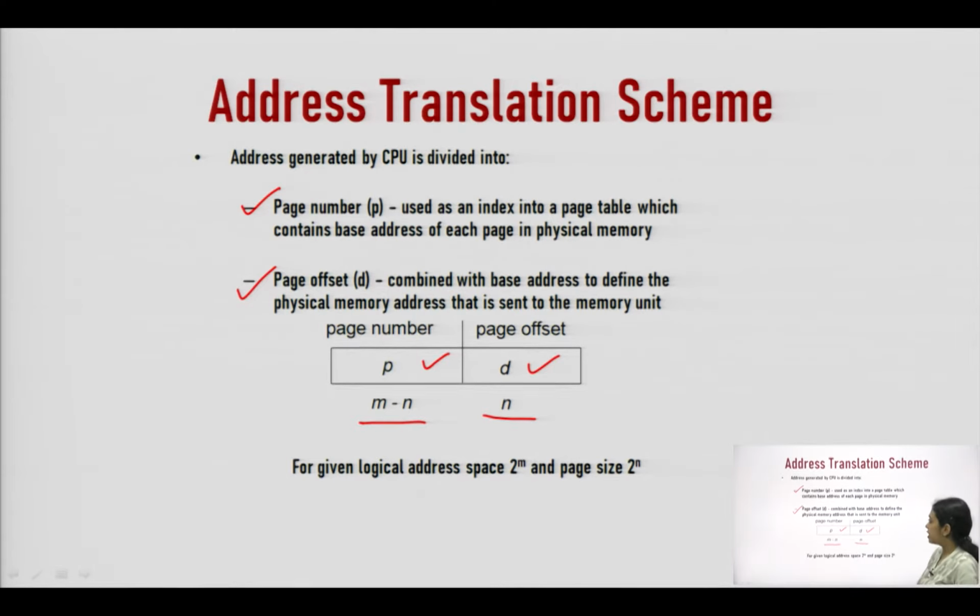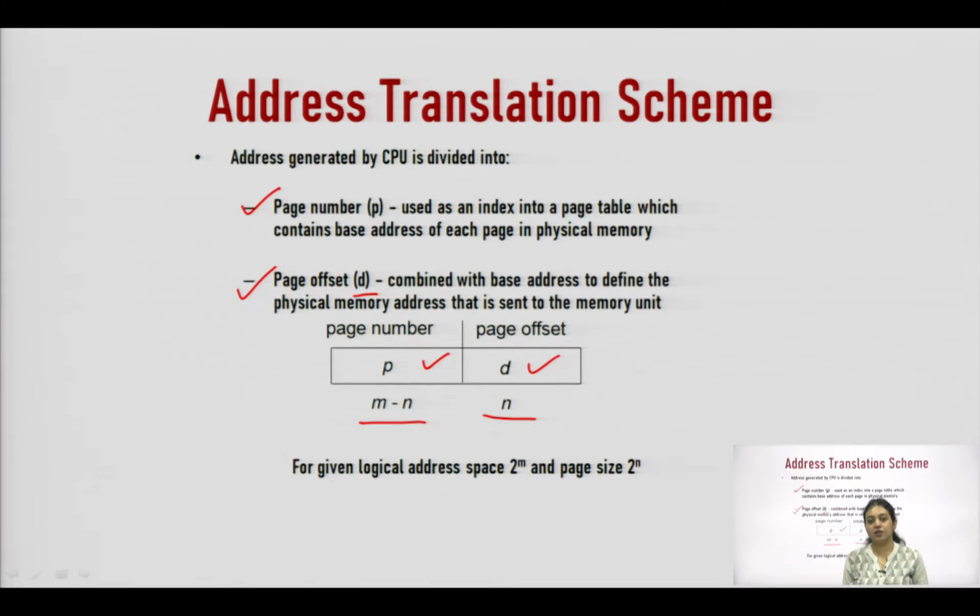The second part is the page offset. Now, the page offset is represented by the letter D. D is basically the displacement within a page. Okay. For example, we have one page of 1 kilobyte. Then within that 1 kilobyte, which address are we exactly looking for, right.